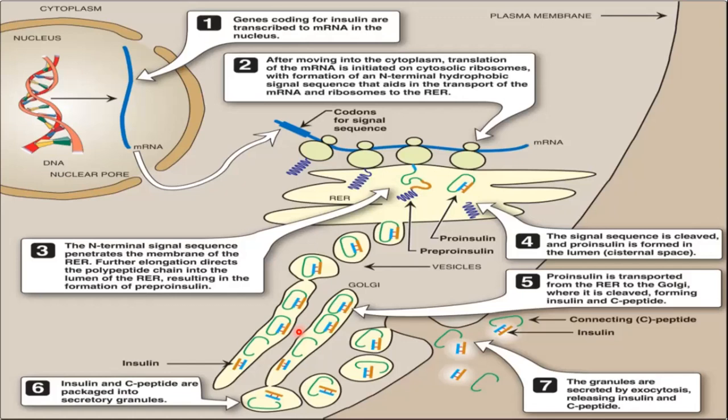Once in the Golgi apparatus, the C-peptide is cleaved from the insulin and packed into vesicles. In these secretory granules, you'll find the insulin and the C-peptide, and when there is a proper stimulus, it is exocytosed into the blood vessels. And remember, that is why we said you can use the plasma C-peptide levels as an indicator of insulin production and secretion.